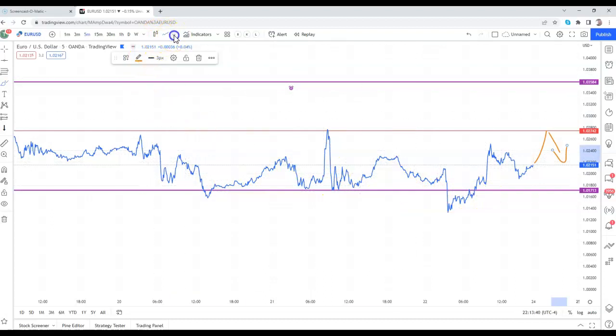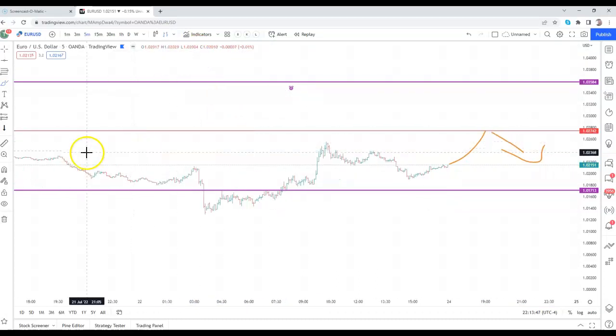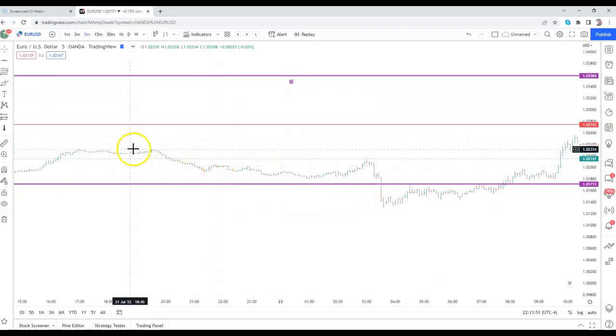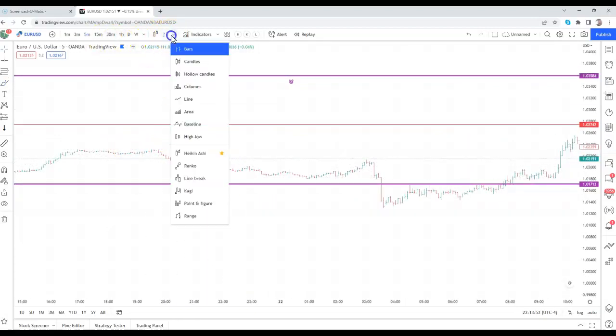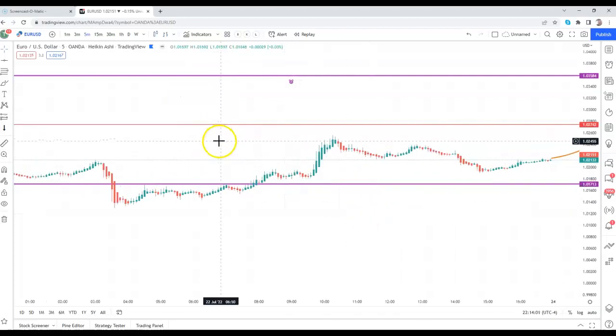If you wanted to make it bars, if you know how to trade off the bars, you can change it up and do as you please. These are the bar candles. We have columns you can use. You have the Heikin-Ashi candles, for those of you that know how to trade Heikin-Ashi, right?